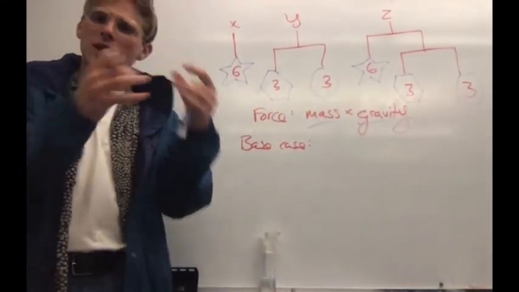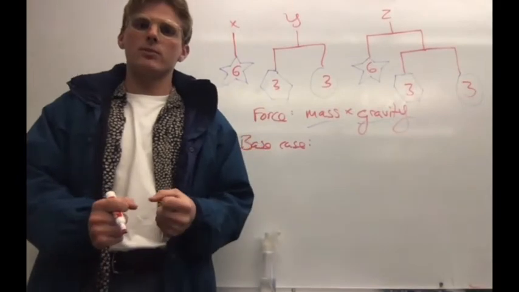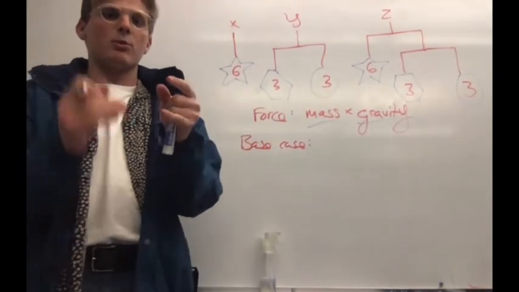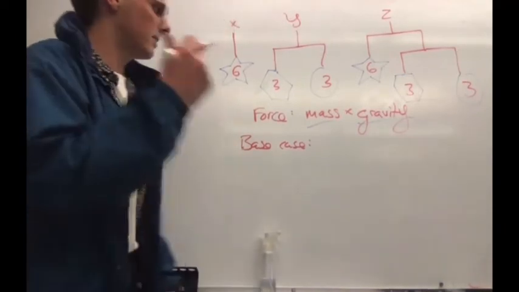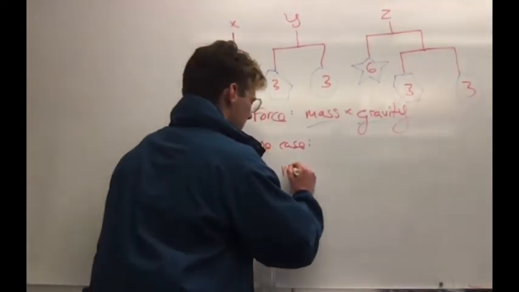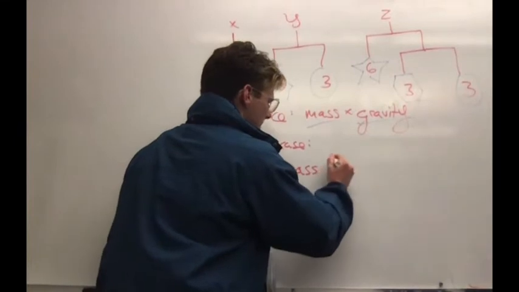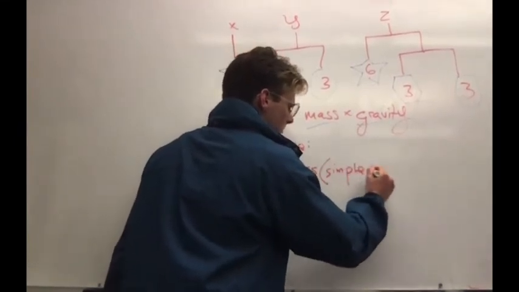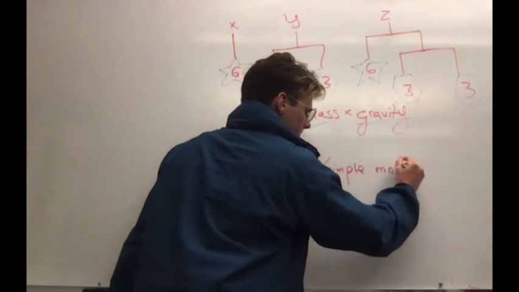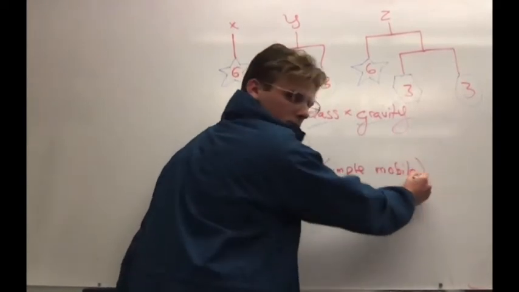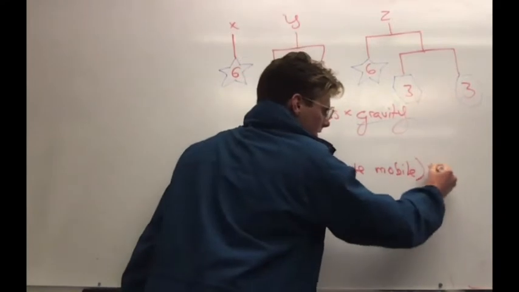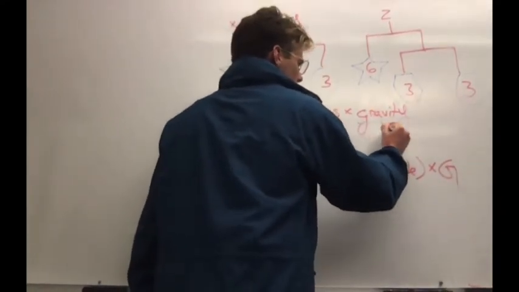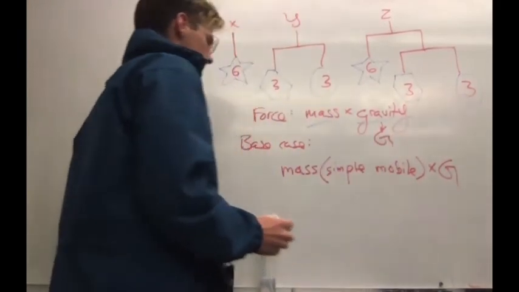There's no sub parts to break this problem into. So we just need the mass of a simple mobile times big G. I'm going to call the gravity constant G.